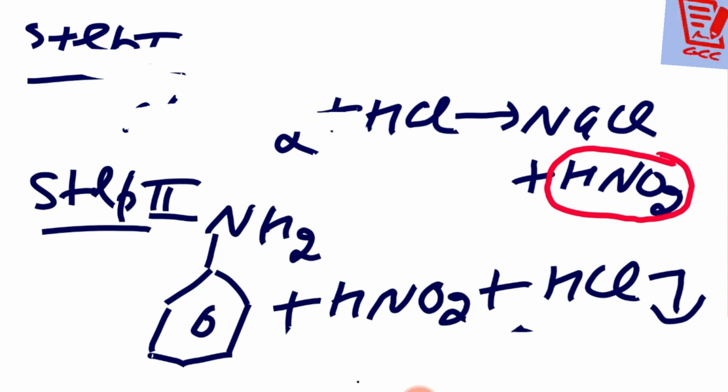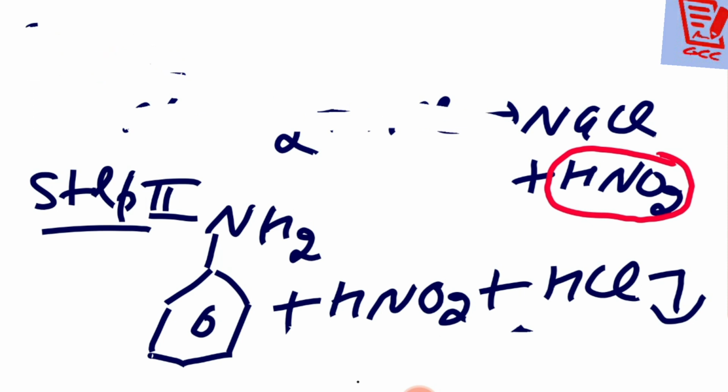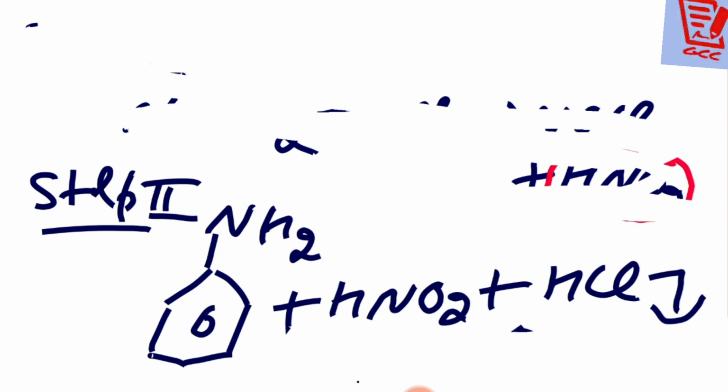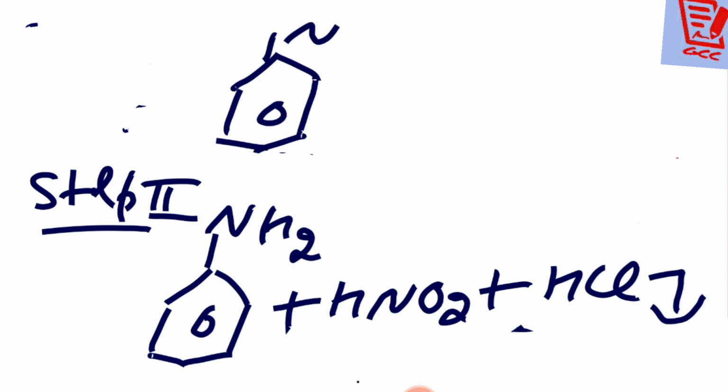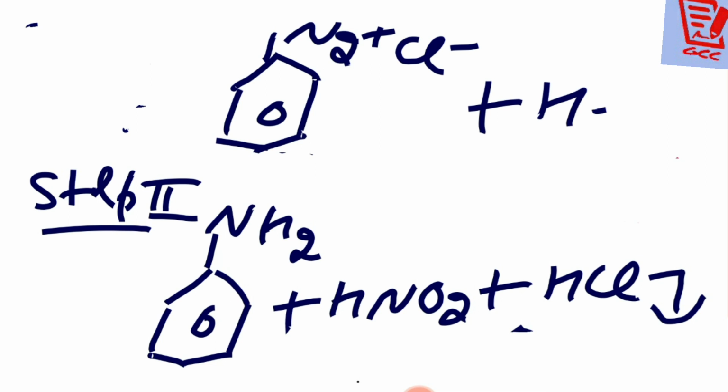So I am rubbing out step number one and writing the product. In the product we are getting benzene N2 positive Cl negative plus H2O. Understood my point? This is how we prepared benzene diazonium chloride.